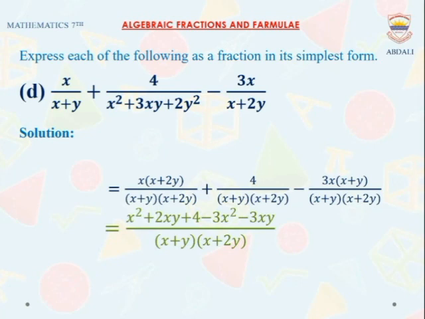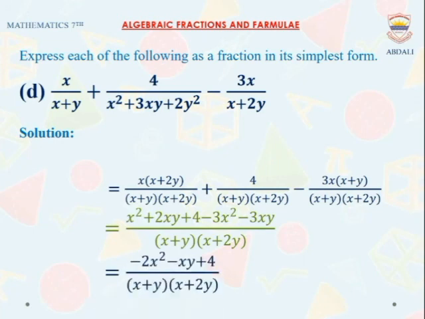And now there is just a need to simplify our answer. In the numerator we will simplify x squared and minus 3x squared, and it will give minus 2x squared.